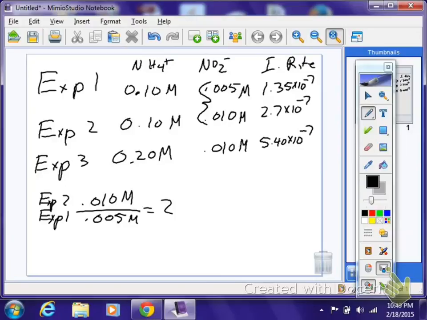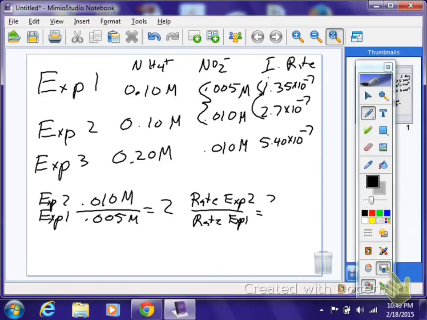So we want to look at what happened to the rate. The rate goes from 1.35 to 2.7. So if we look at the rate of experiment 2 versus the rate of experiment 1, the difference is also 2.